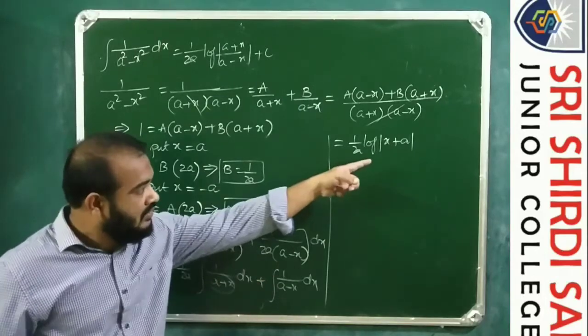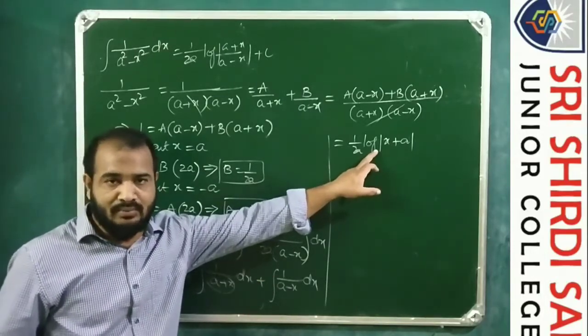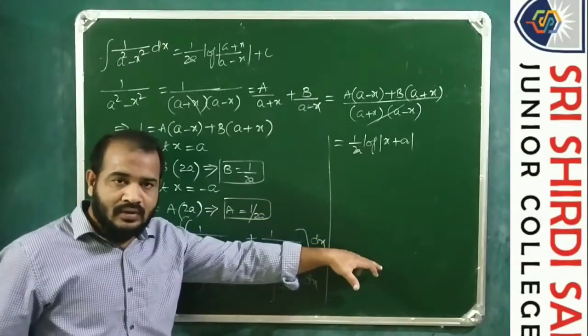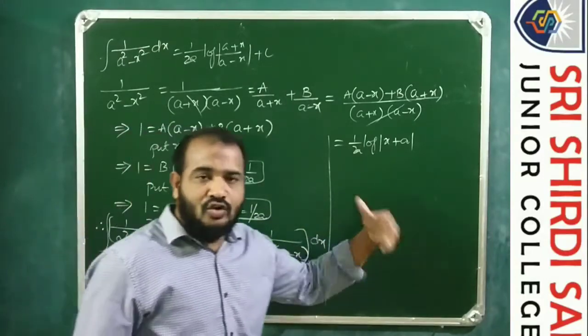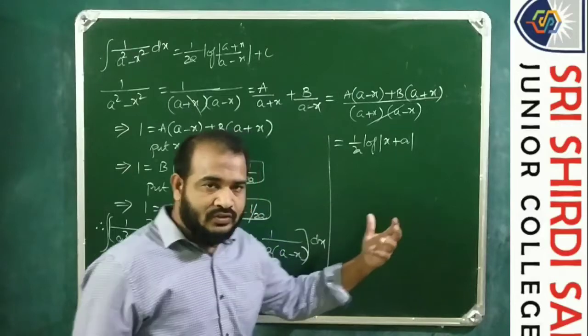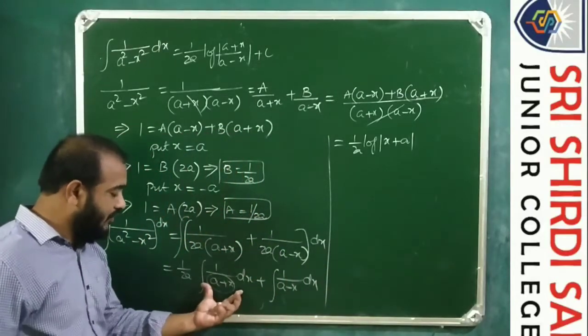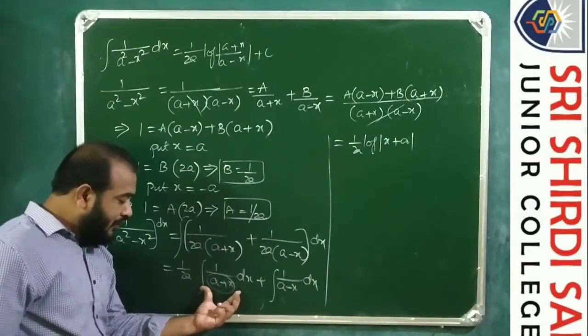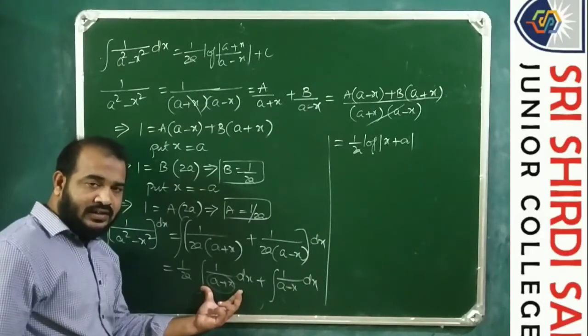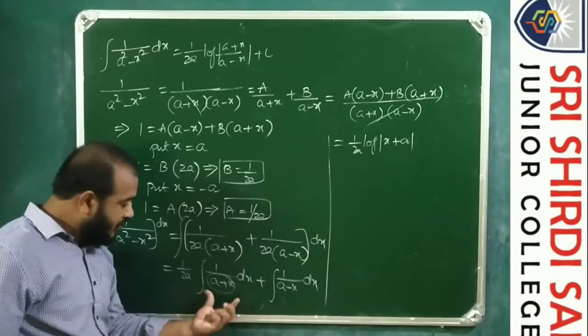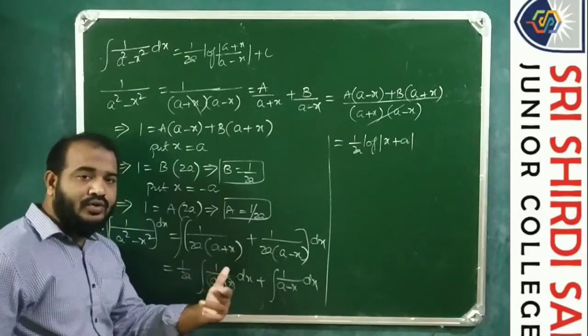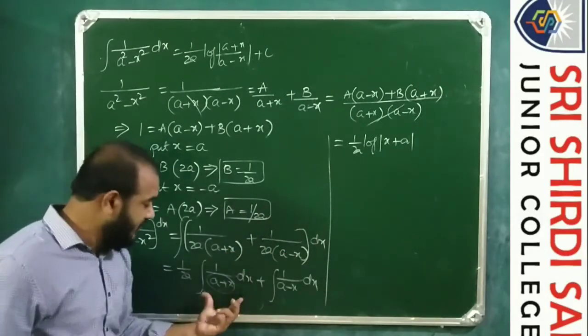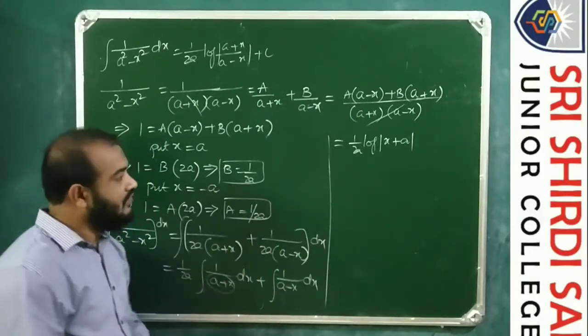So by 1 anyway, this is what we are going to get, because differentiation and integration are opposite processes. Earlier in differentiation, we used to take this as x. So later, after treating it to be x, we need to differentiate it, d by dx of this.